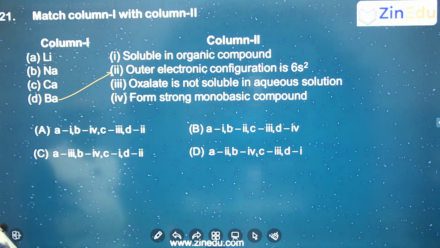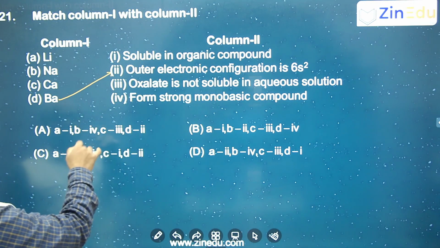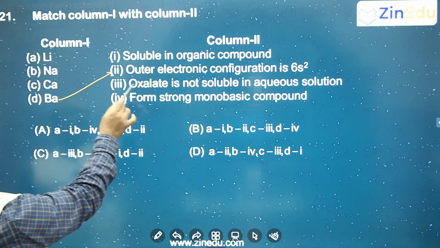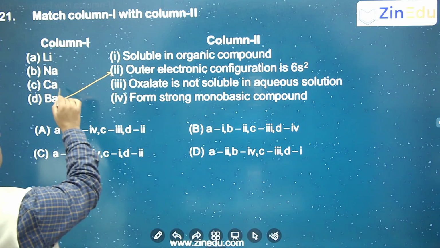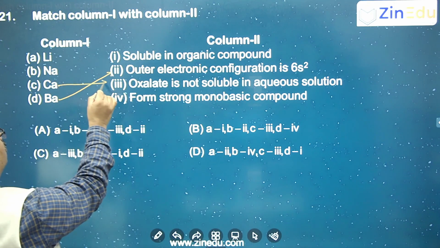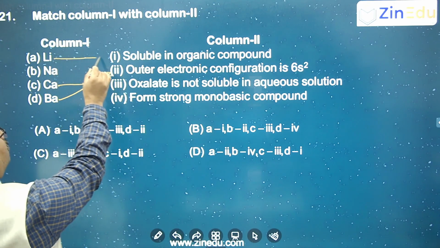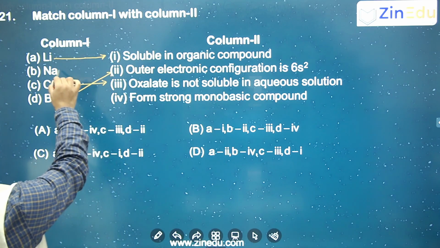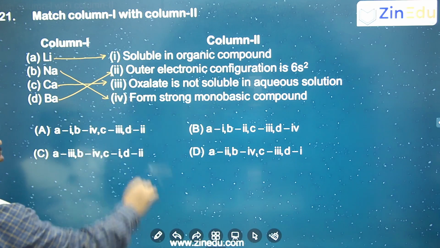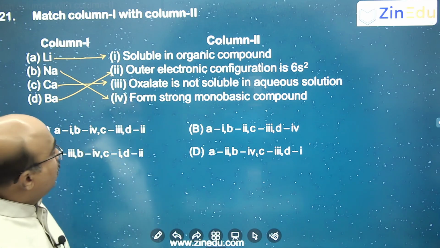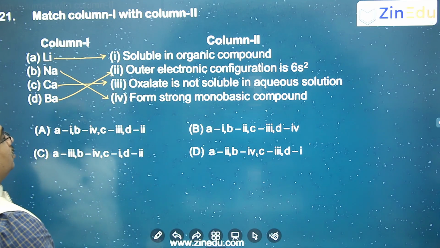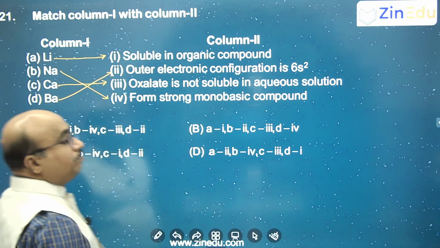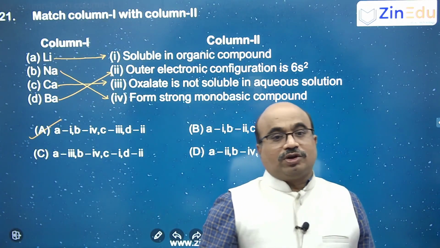Clear? So D has to be 2. So these two, A, R, C are options for us. But A, that is oxalate, lithium oxalate, you can't say simply. Calcium oxalate is insoluble. Lithium is generally soluble in organic compound because it is more covalent. Sodium forms a strong monobasic base, sodium hydroxide and all. So it is lithium 1. So first option for us.